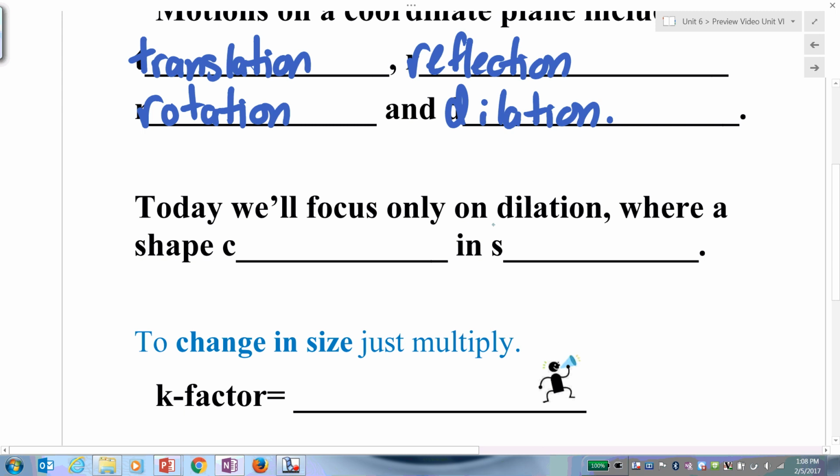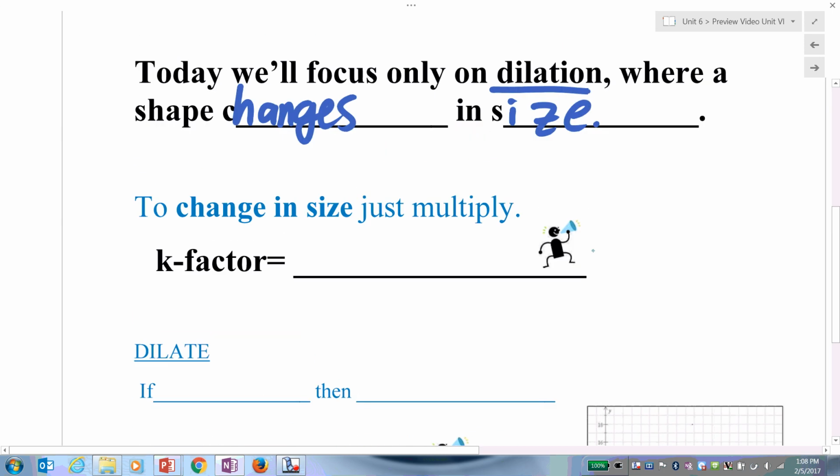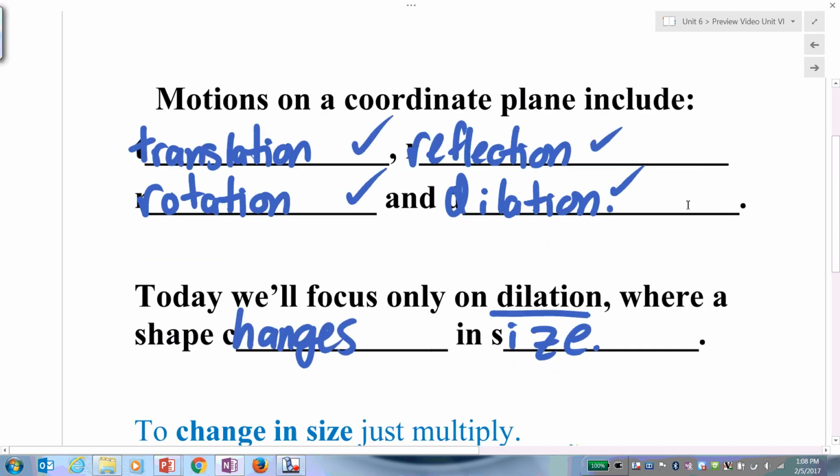Today, we're only going to focus on dilation, where a shape actually changes in size. There's going to be lots of formulas, if you will, for these four motions. 1, 2, 3, 4. I have chants for all of them.